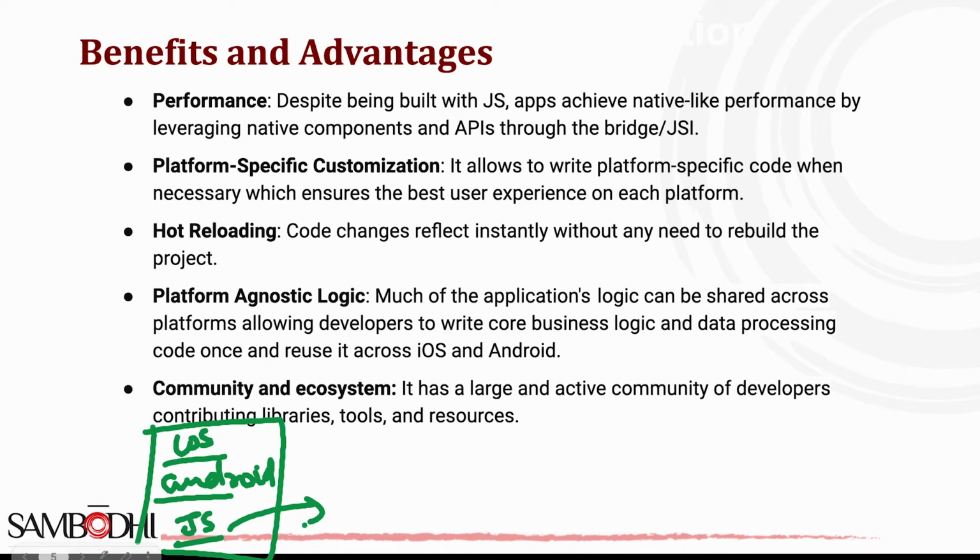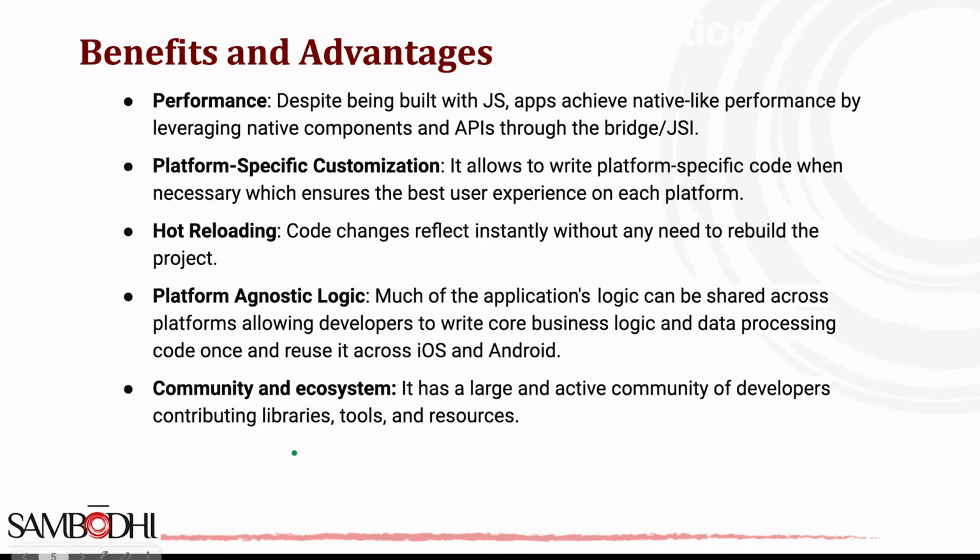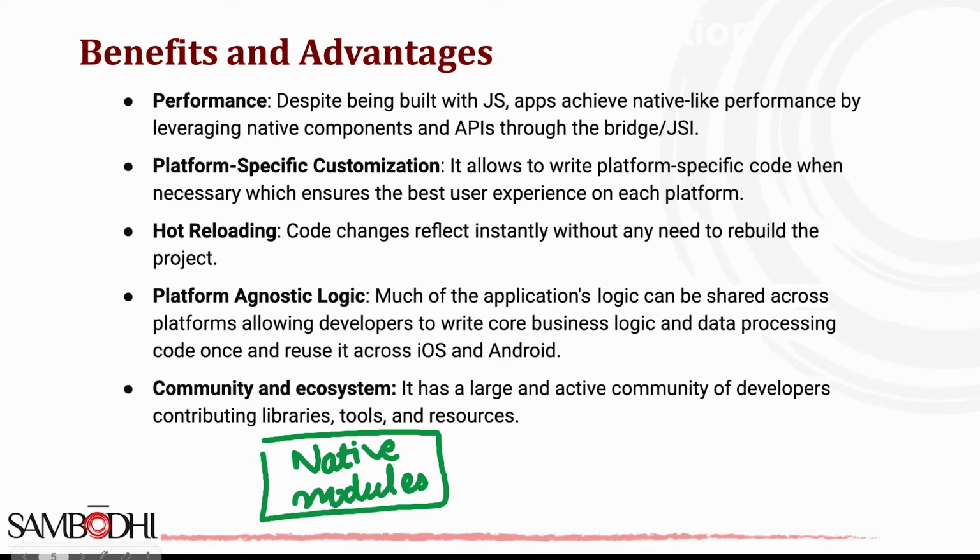We already discussed how we can write platform specific code in JavaScript, but if we want to write the native side code, that option is also available to us, that we can create native modules. For example, if we want to write some native code in Swift or Objective-C, we can create native modules for that part.